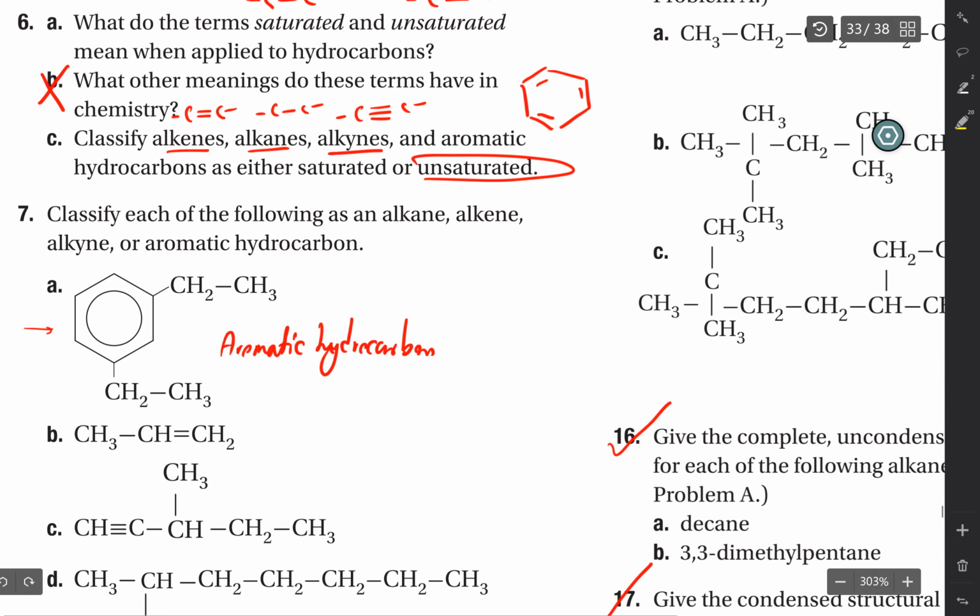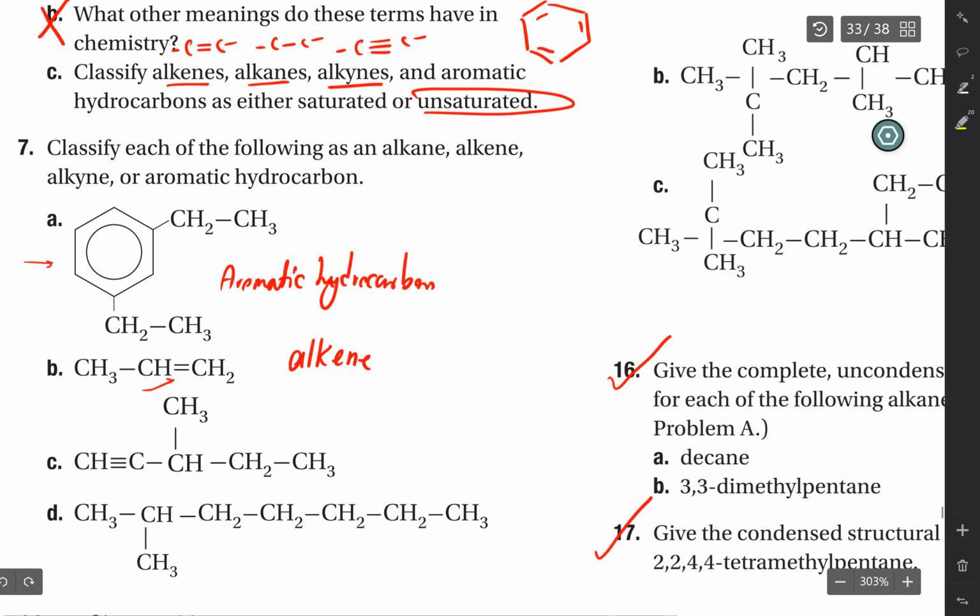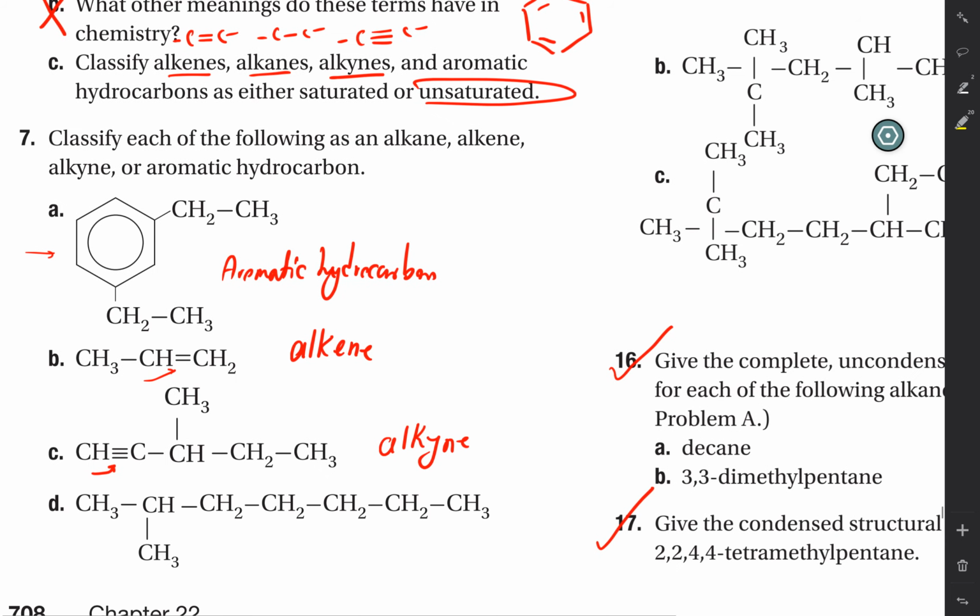Part B, you can see that we have the double bond here, so this one is an alkene. Part C, you can see that we have a triple bond here, so this one is an alkyne. And for the last one, part D, we don't have any double bond or triple bond, and we don't have the benzene ring inside this structure. So the last one is an alkane.